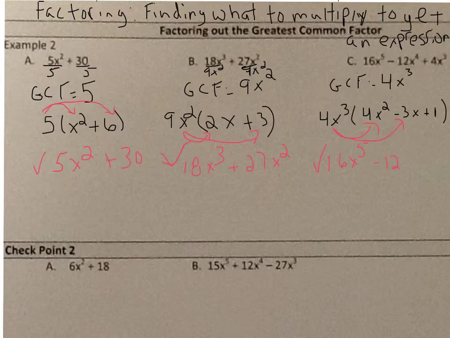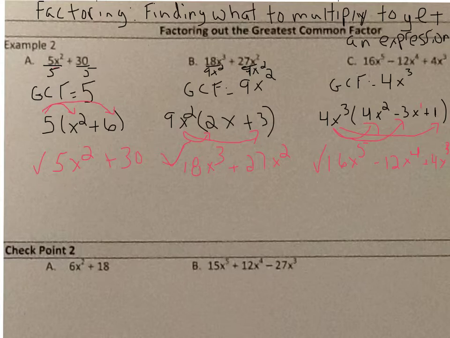The x by itself has an exponent of 1. So x cubed times x to the 1st is x to the 4th. And 1 times anything is itself. So 4x cubed times 1 is just 4x cubed. So it comes out 16x to the 5th minus 12x to the 4th plus 4x cubed. That's where we originally started with the problem.